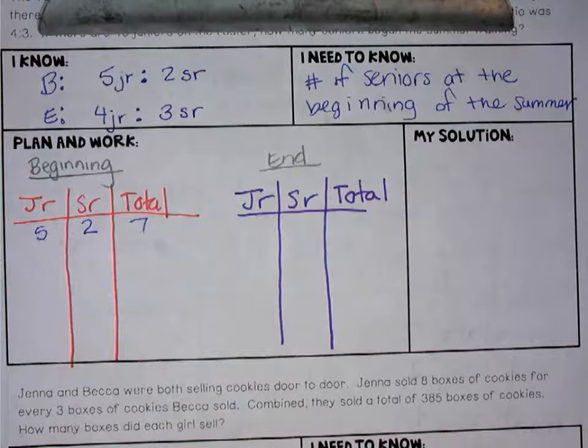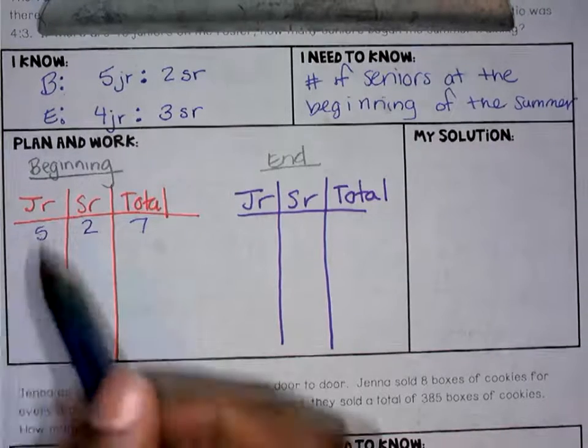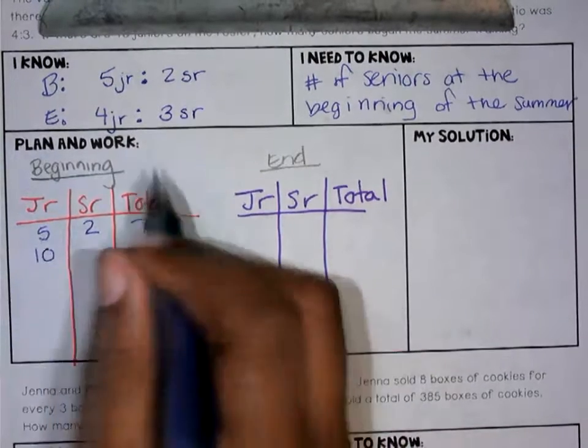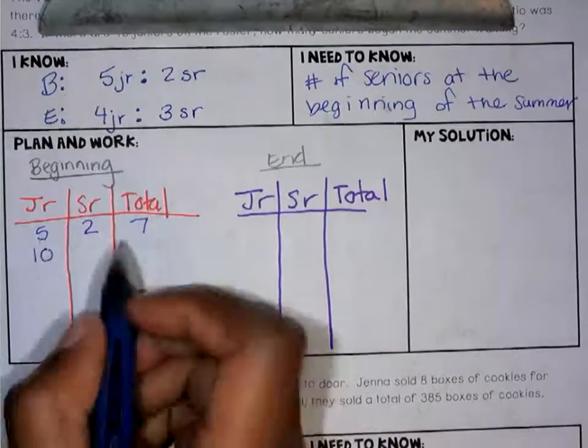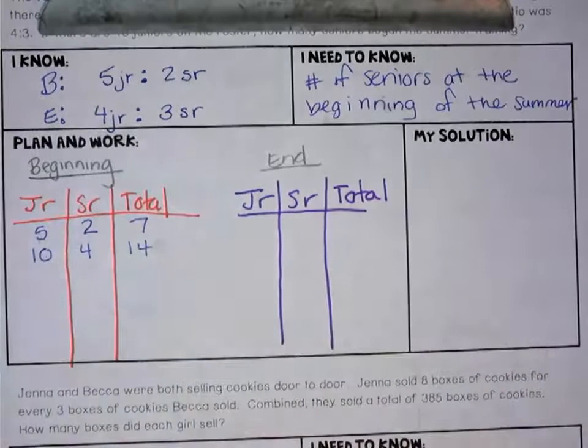You have to add that same number. You can't say 1 more senior is coming, because it has to be 2 seniors. 3 juniors can't come because they have to come in a group of 5. So the next set we will have is 10. If you double 5, you double the 2, which makes it 4.